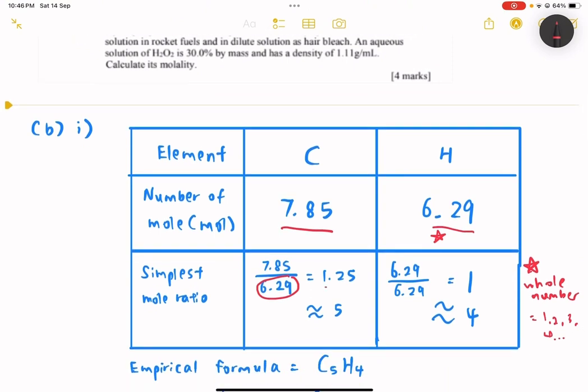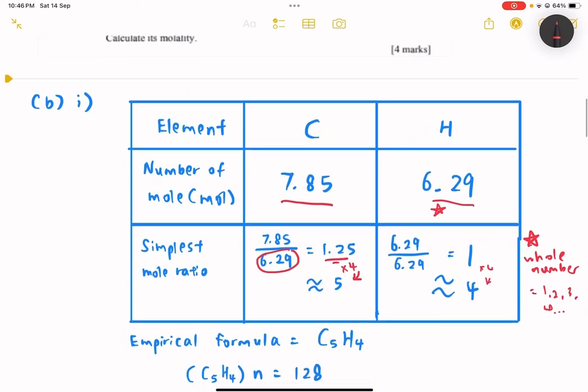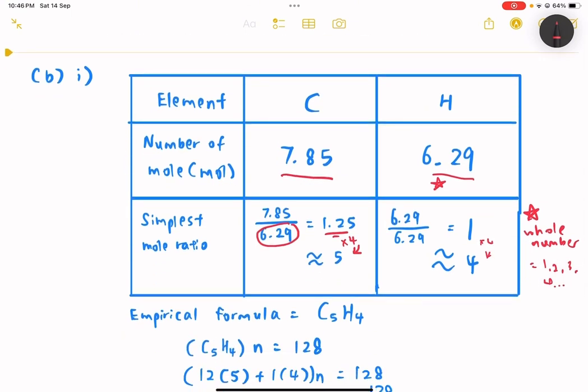Here we have 1.25, so we can make it a whole number by multiplying by 4, and we get 5, and here times 4 equals 4. So we find the empirical formula, which is C5H4. Here is C5, and here is H4.